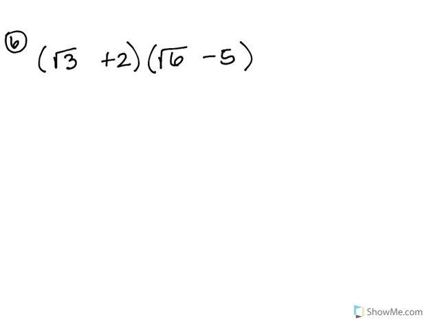Now this is 2 binomials times each other. So you might be familiar with the term FOIL, it's the same thing. You're going to take the square root of 3 and multiply it times both pieces. Then you're going to turn around and take 2 and multiply it by both pieces in the second, okay? So it's still like the distributive property, you just have to do it for both of them.